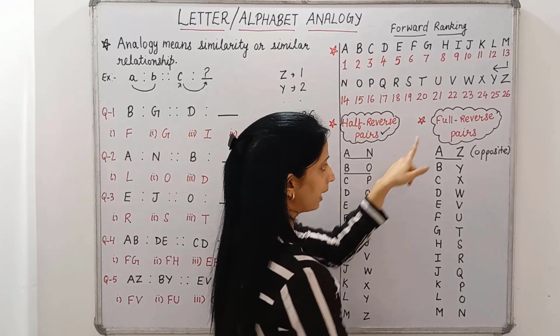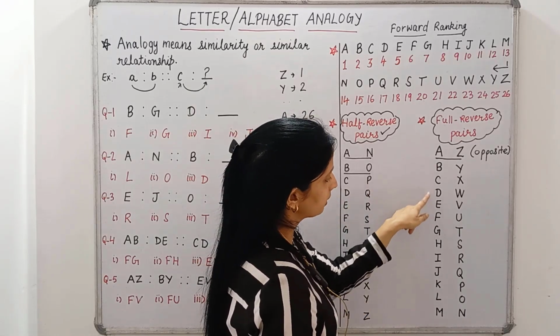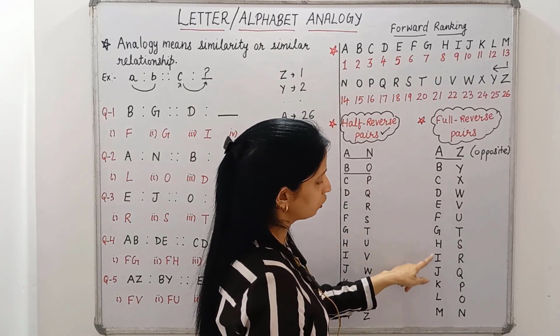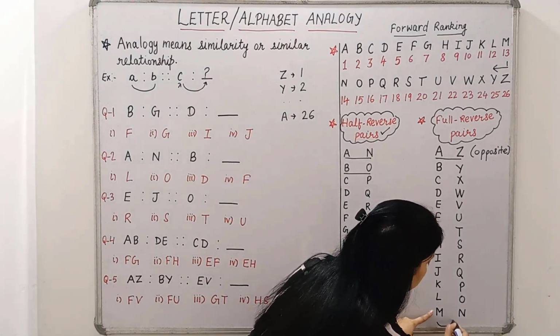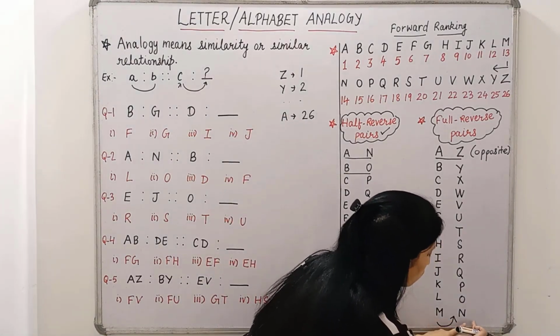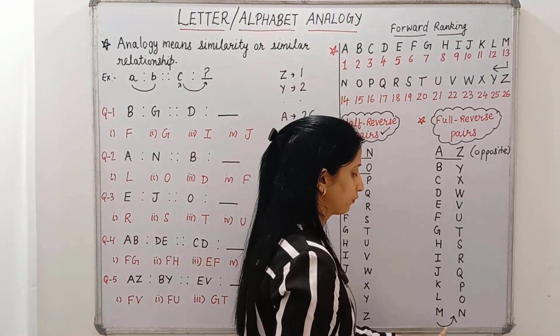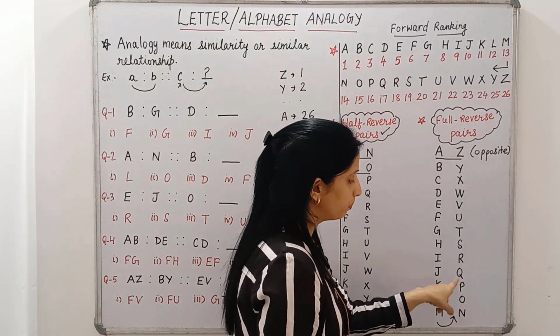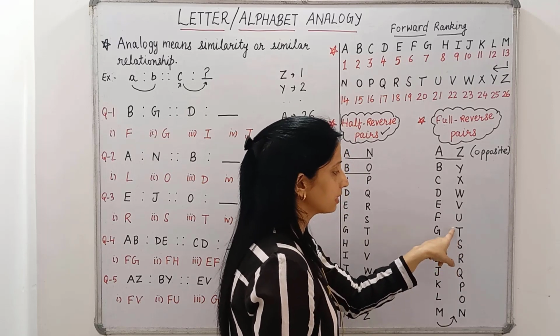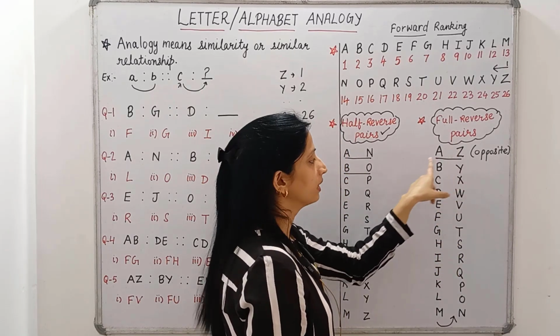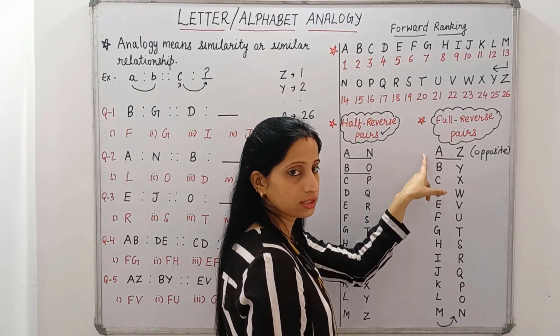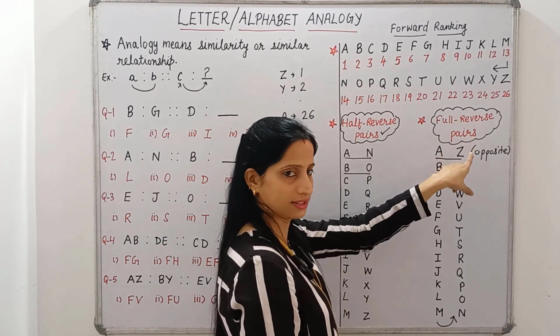Okay, so how will you write these pairs? A, B, C, D, E, F, G, H, I, J, K, L, M. After M, you will start writing from downwards to upwards. After M, N, O, P, Q, R, S, T, U, V, W, X, Y, Z. Then only you will get the opposites of the letters or the full reverse pairs.